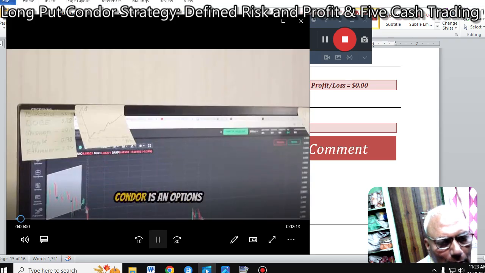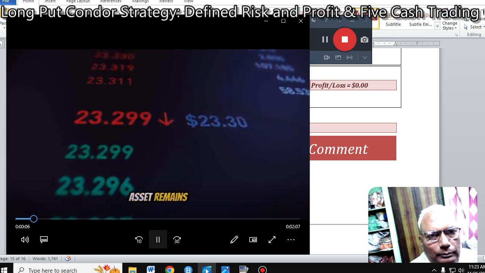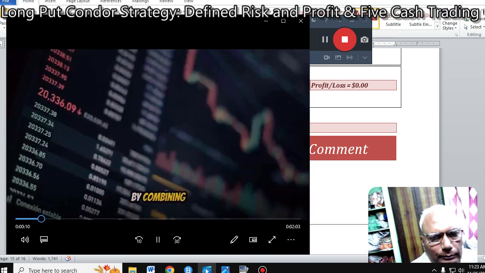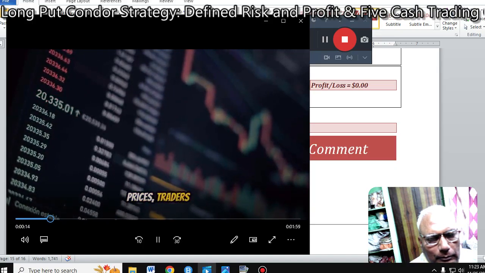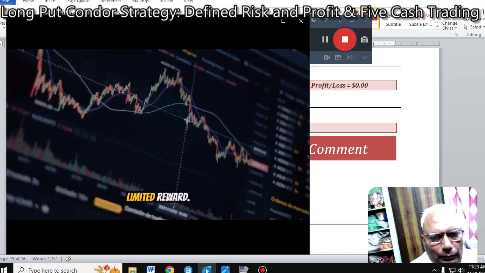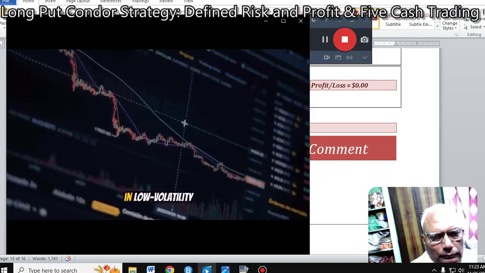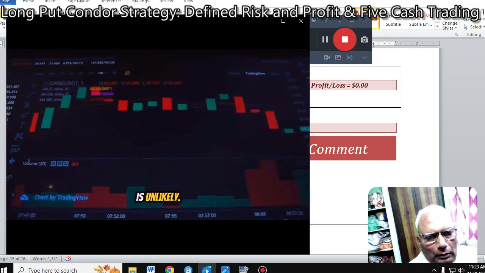The Long Put Condor is an options trading strategy designed to generate profits when the underlying asset remains within a specific price range at expiration. By combining four put options with different strike prices, traders can create a position that offers limited risk and limited reward. This strategy is particularly effective in low volatility markets where significant price movement is unlikely.